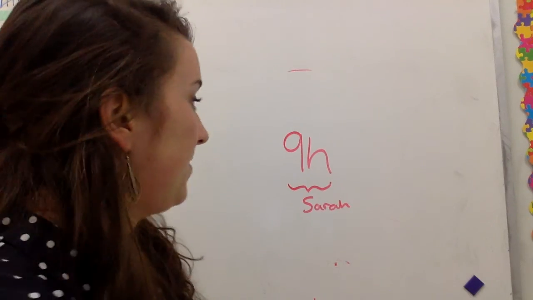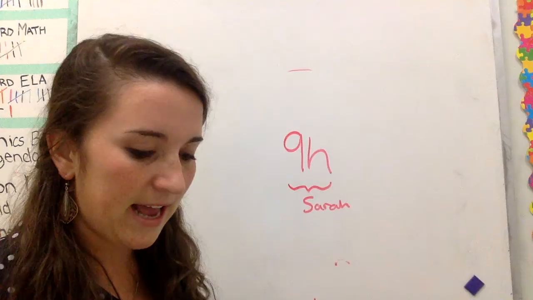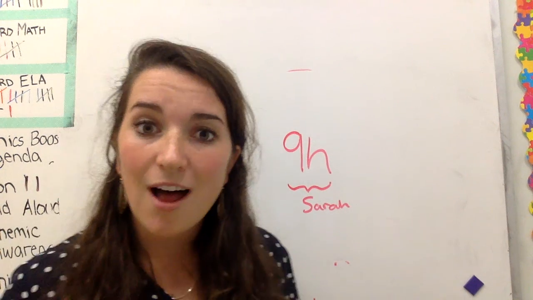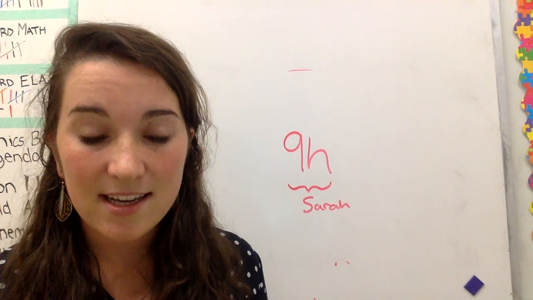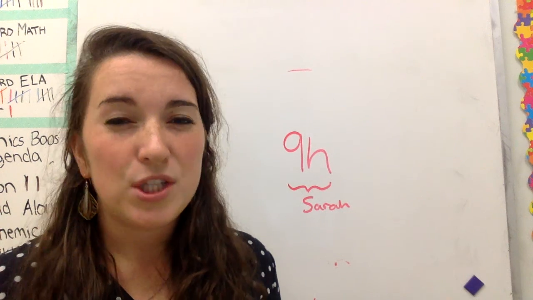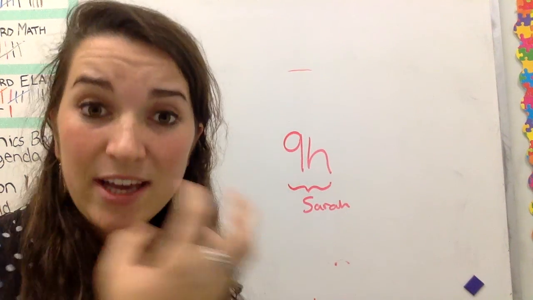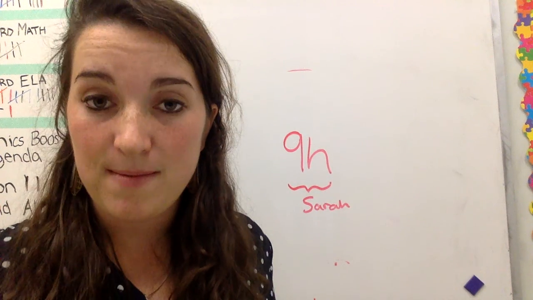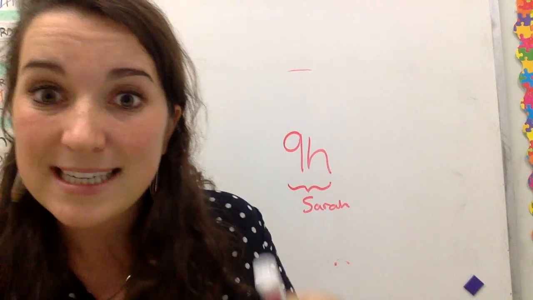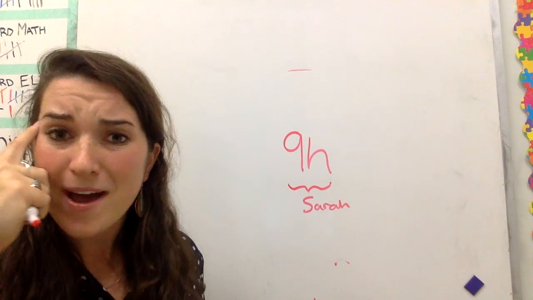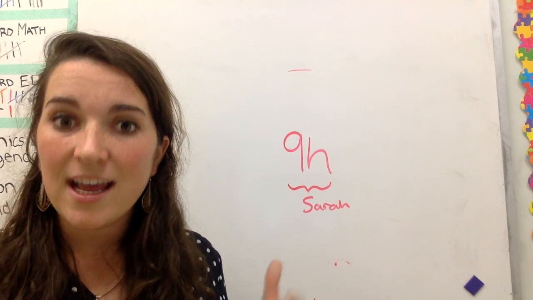Now I need to know how much Jimmy made. So I'm going to look back to the problem and say, okay, Jimmy made $10 less than what Sarah made. So he's making less than what she made. So I need to be taking away from the amount she made because he's making less than that. If I'm taking away from something, that's subtraction.